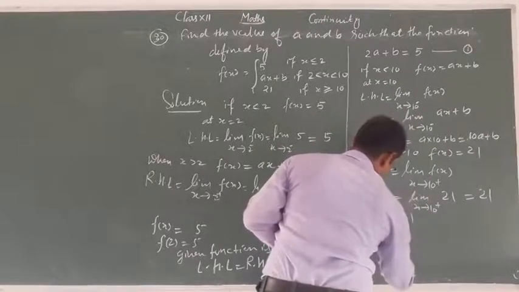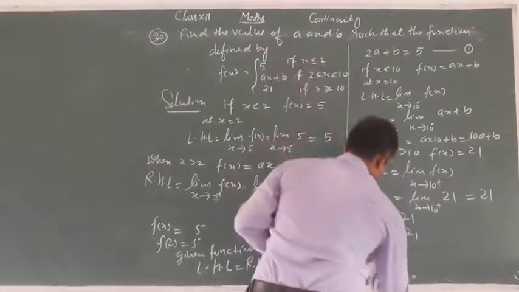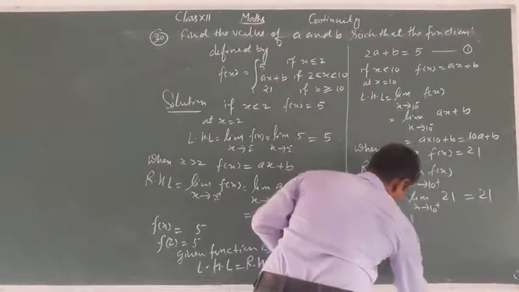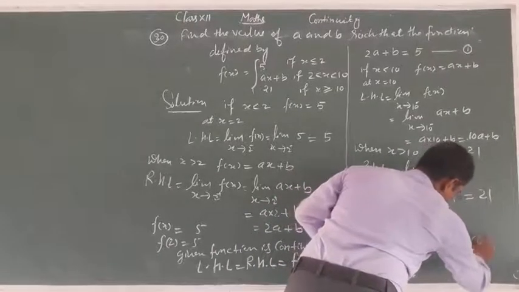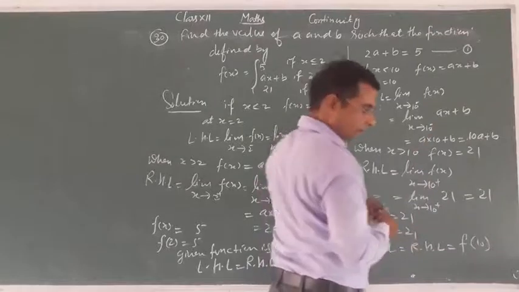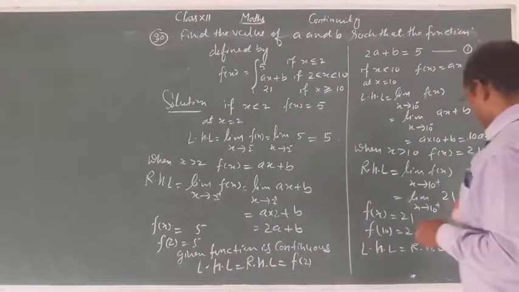So f(10) is equal to 21. Left hand limit is equal to right hand limit is equal to the value of the given function at point 10.